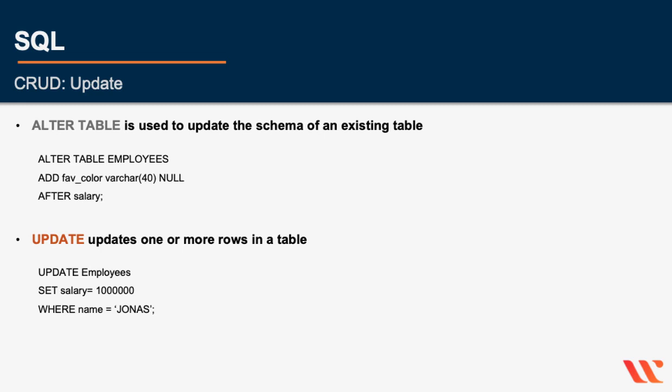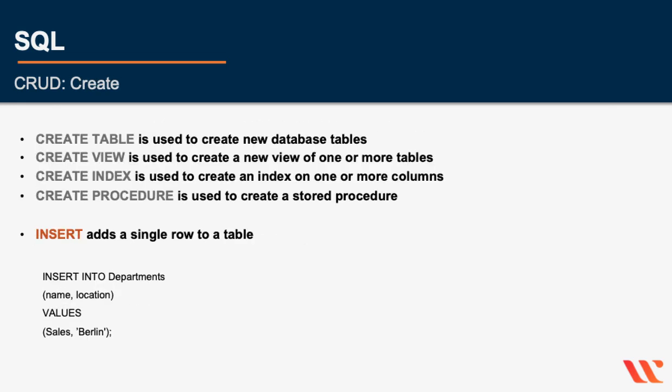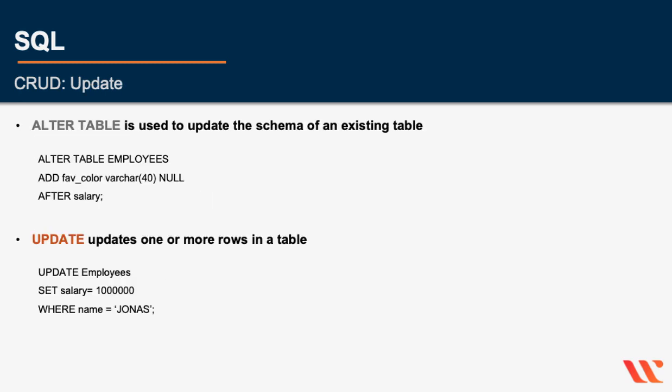For alter table, this is to change the structure of a table. In this case, we are adding a new row in the departments table with the name of sales and Berlin. So we're adding a new sales department to the departments table. In this case, we are doing an alter table.